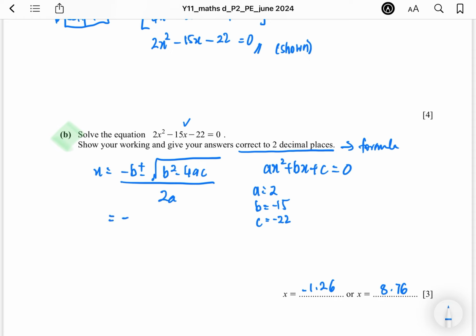So when you substitute it, be careful again as well. Especially when b is a negative integer, you should write the negative for the formula and then the value of b. Putting it in brackets is a very good practice so that you don't mess up your multiplication there with negative integers.